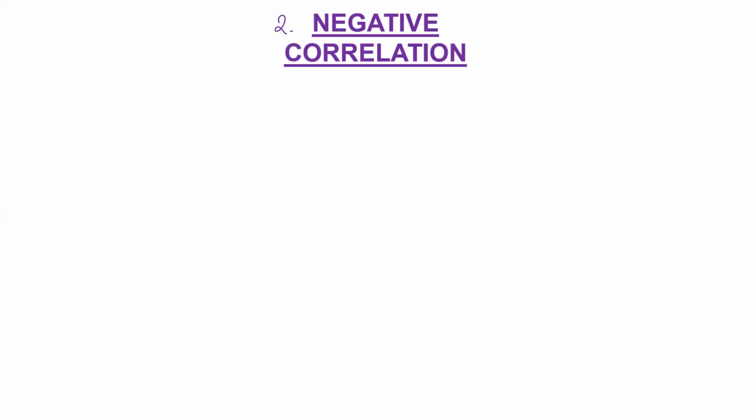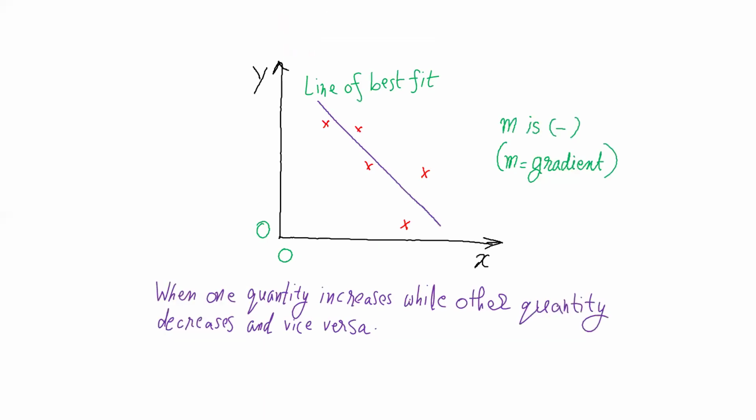Number 2, negative correlation. So give the heading, negative correlation. Now, negative correlation is a case when one quantity increases and the other quantity decreases. Look at this.